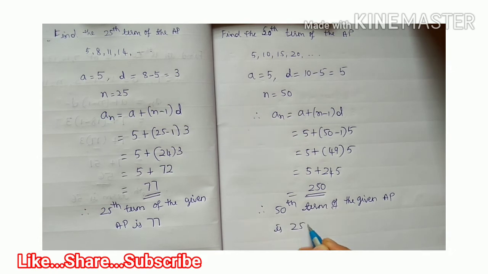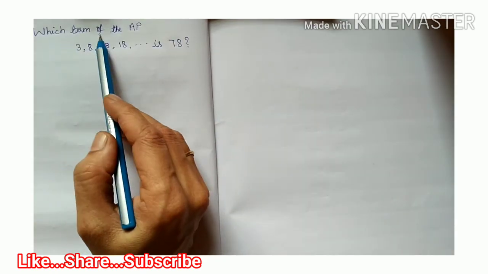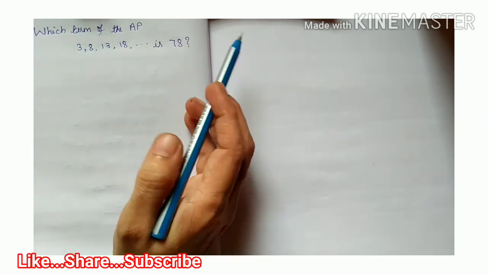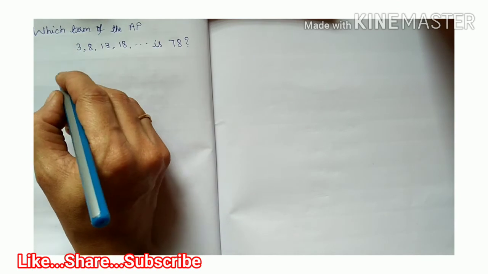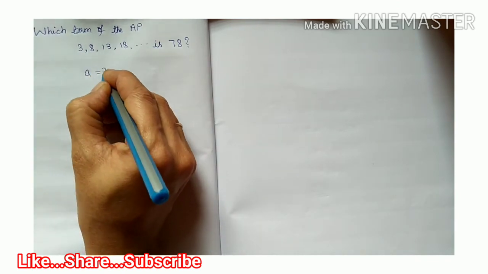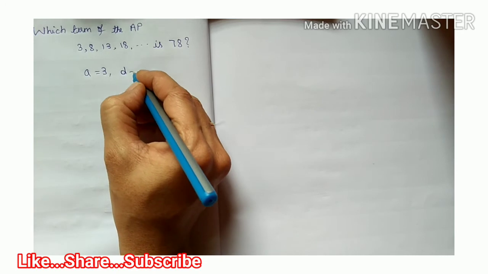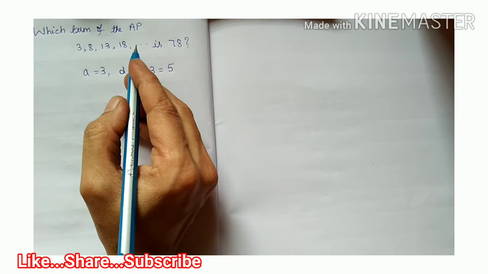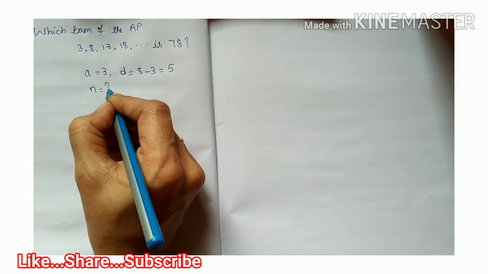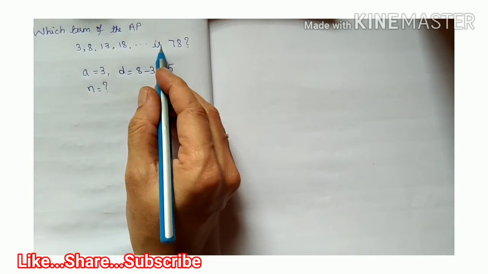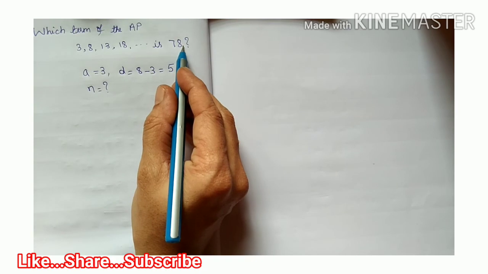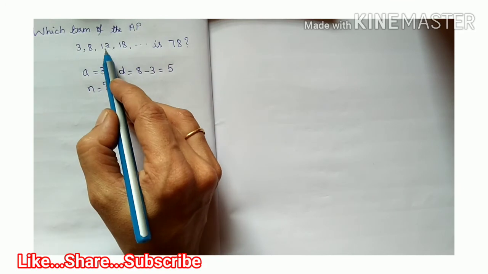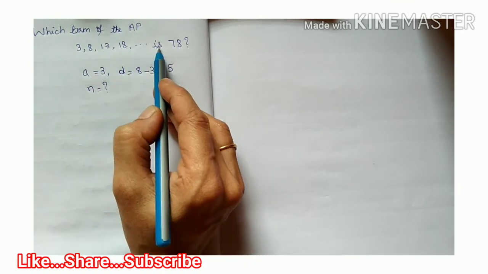Next type of example: which term of the AP 3, 8, 13, 18 is 78? Solution: a is equal to 3, the first term is 3, d is equal to second term minus first term, 5. We have to find which term, that is n is equal to how much. The last term is 78.